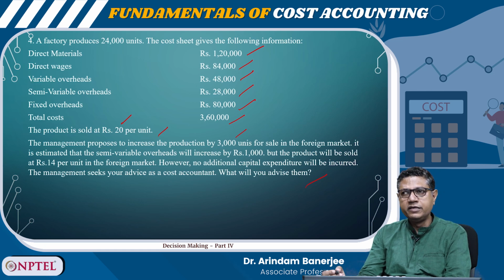It may be the case here also, but we need to see whether, by reducing the selling price, the company will still be able to earn a positive contribution or not, right. So, that we need to see, and we can make a decision on that basis, fine.